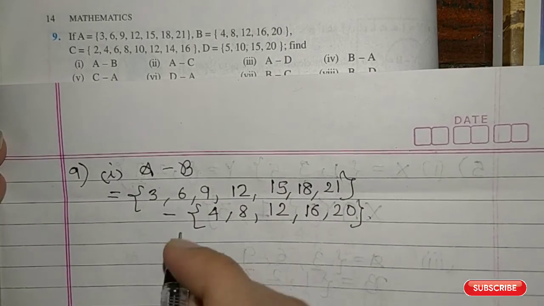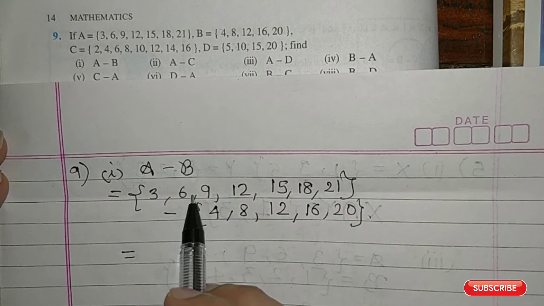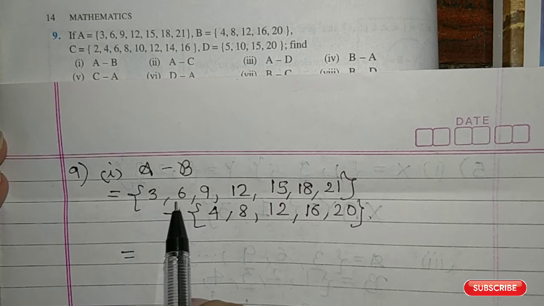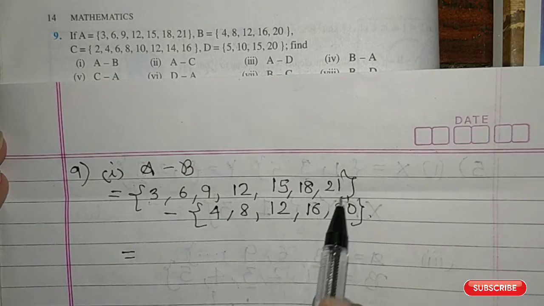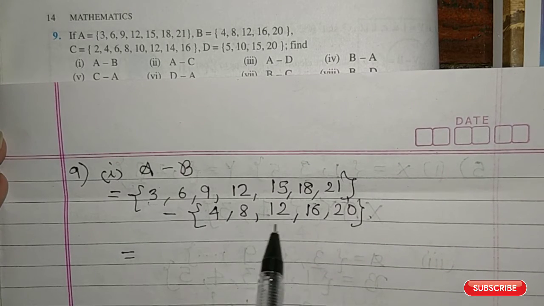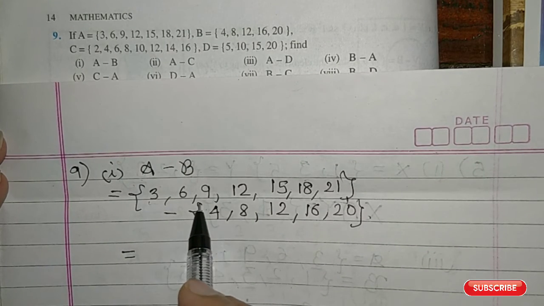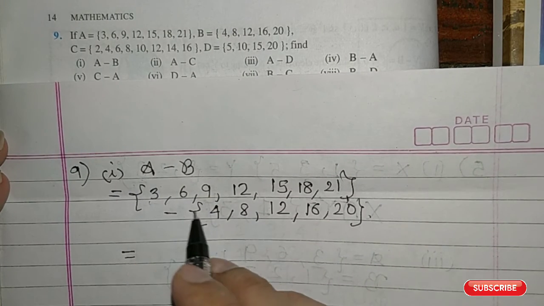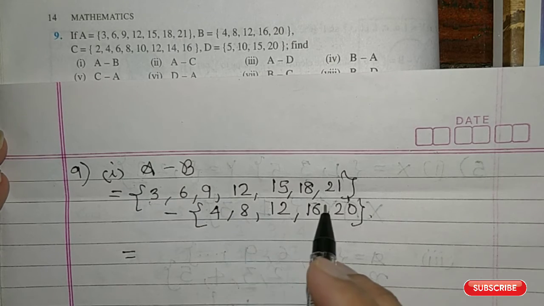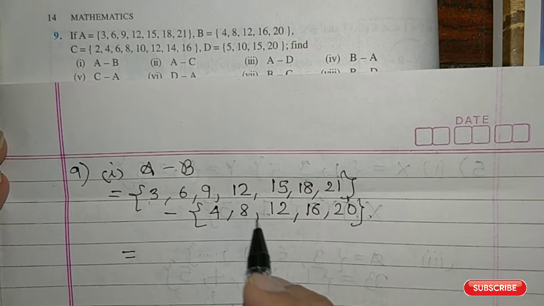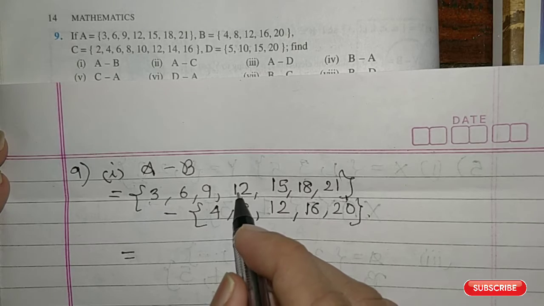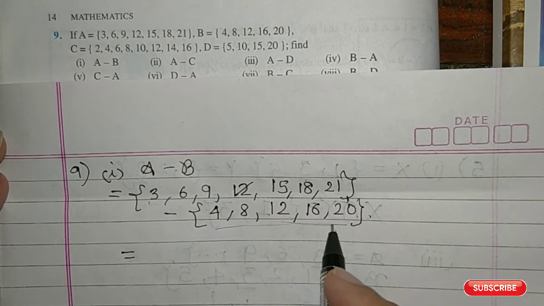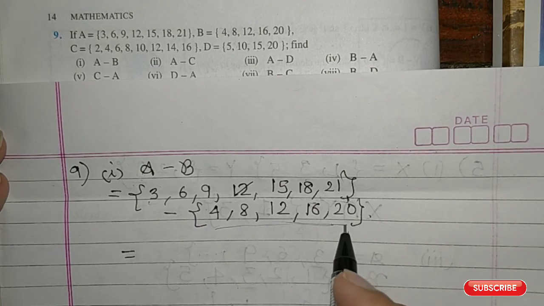Here you have to remove the elements of A which are also in B. So 3 is not in B, 6 is not in B, 9 is not in B, 12 is in B, so you have to cancel this. 15, 18 and 21 are not in this set.